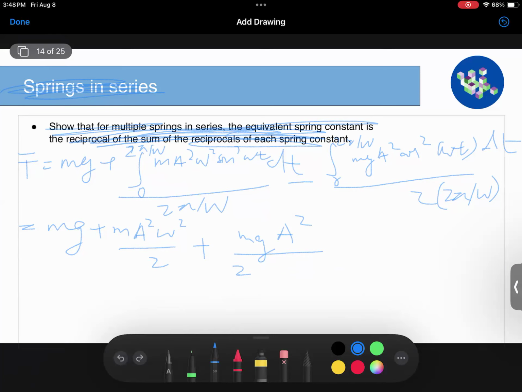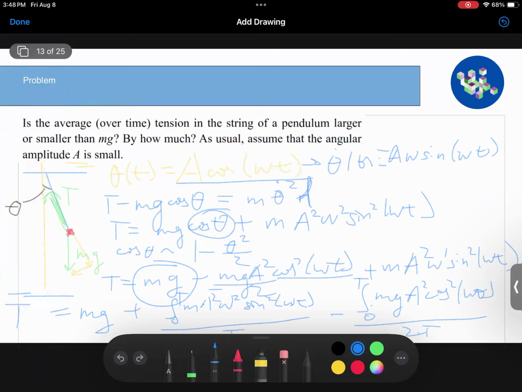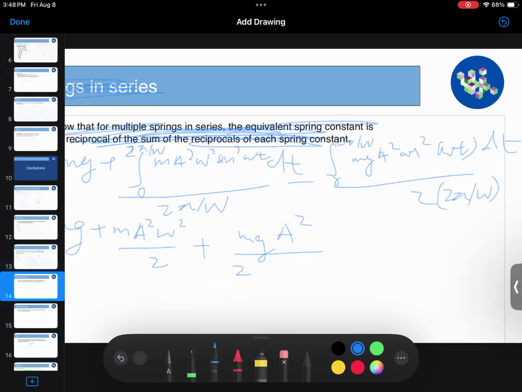That's interesting. The dimensions are not correct. Let me see, we might have done something wrong. Hold on. So over here we had mg a squared. Oh yeah, I forgot there should be a square over here. It should be m a squared omega squared. So let's go back here.